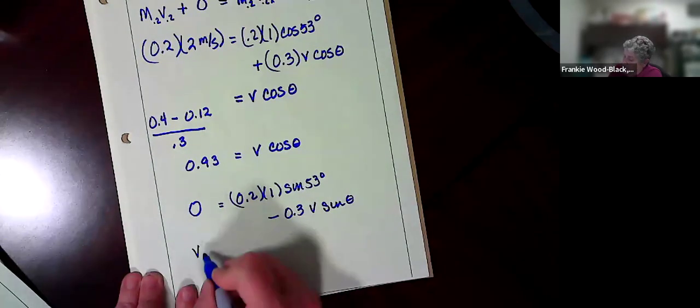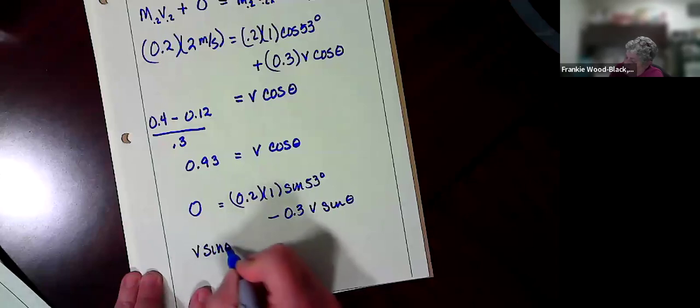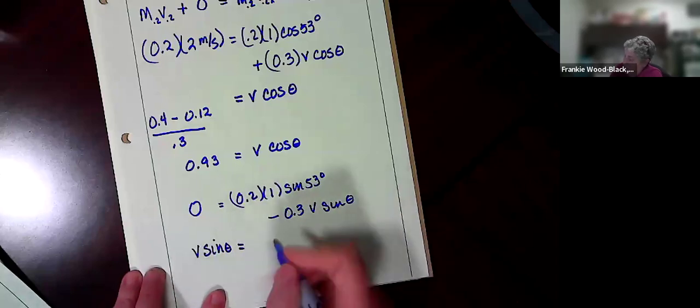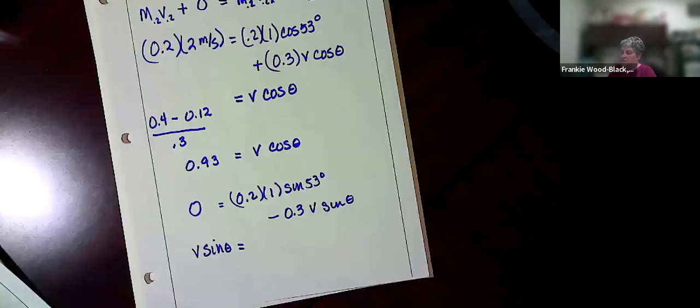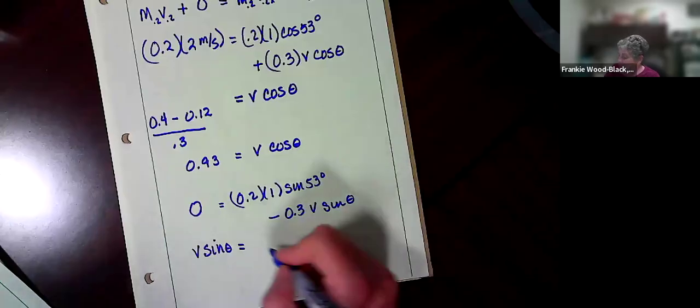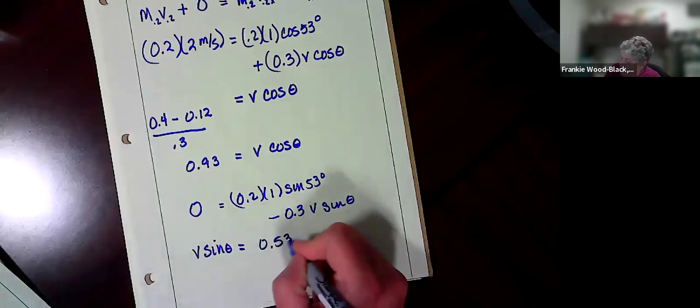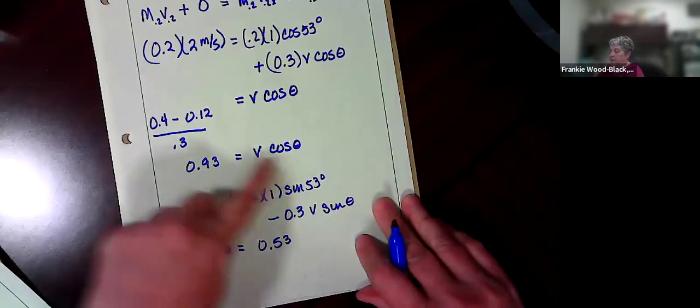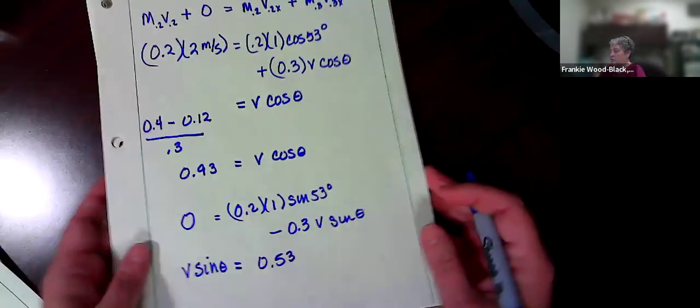So v sine of the angle is going to equal 0.53. So I've got this one and that one, and I've got two equations, two unknowns.